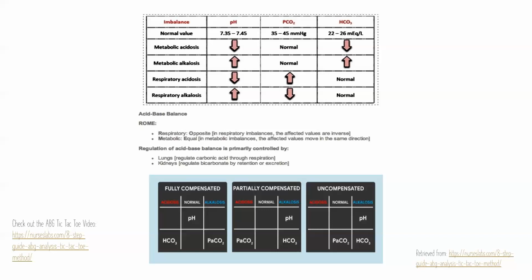Let's now talk about respiratory acidosis. The risk factors for respiratory acidosis, keep in mind now we're thinking about the lungs, include respiratory depression, pneumothorax, airway obstruction, inadequate ventilation. The manifestations include dizziness, palpitations, muscle twitching, and convulsions.